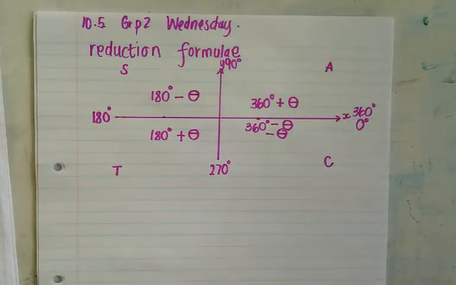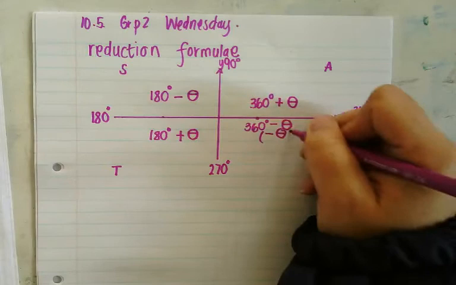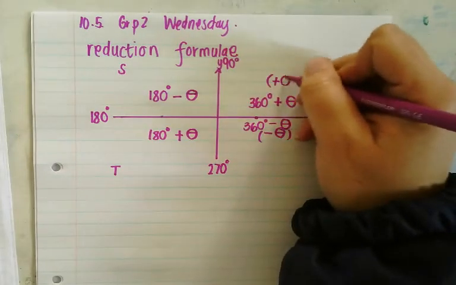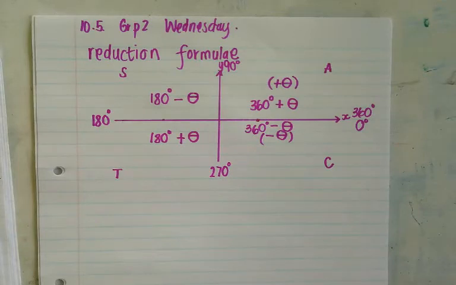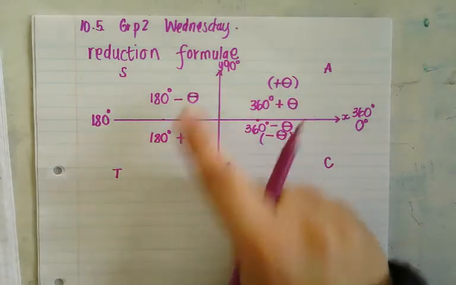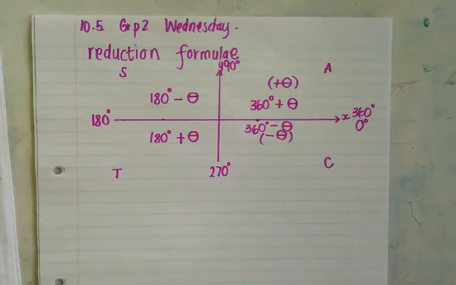And those are all the reductions that I will deal with in grade 10. There are two more that relate to 90, but that's not a grade 10 issue. So that's the first thing you are writing down as quickly as possible: this CAST diagram with the reduction formula on it, please.